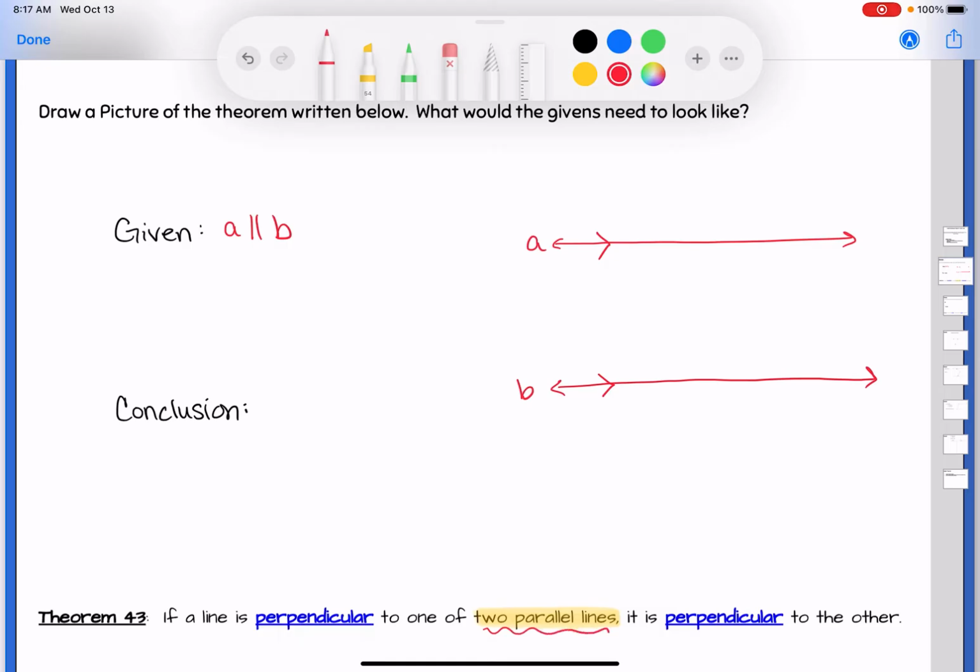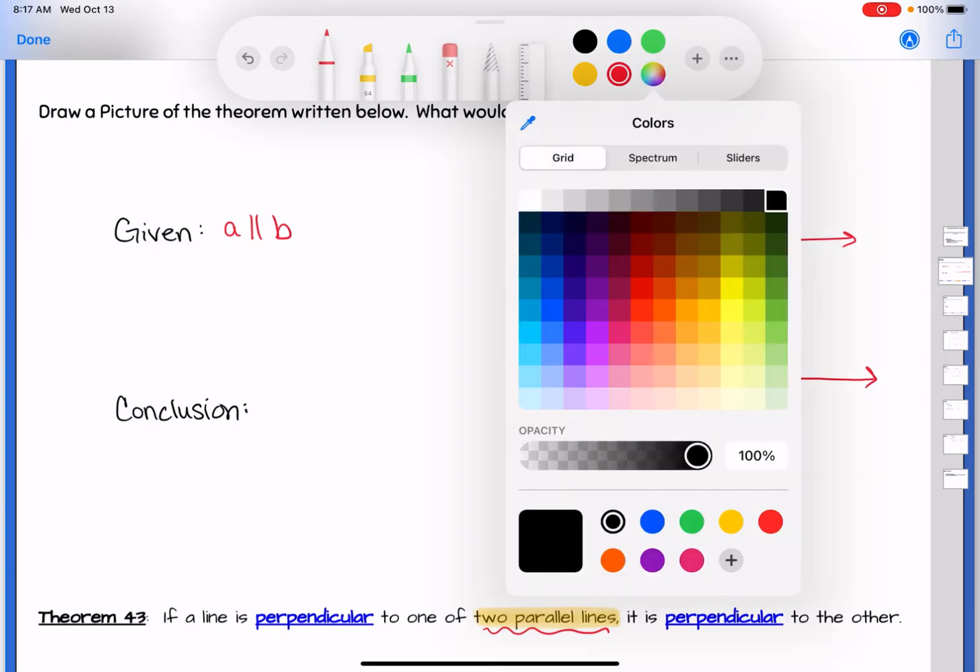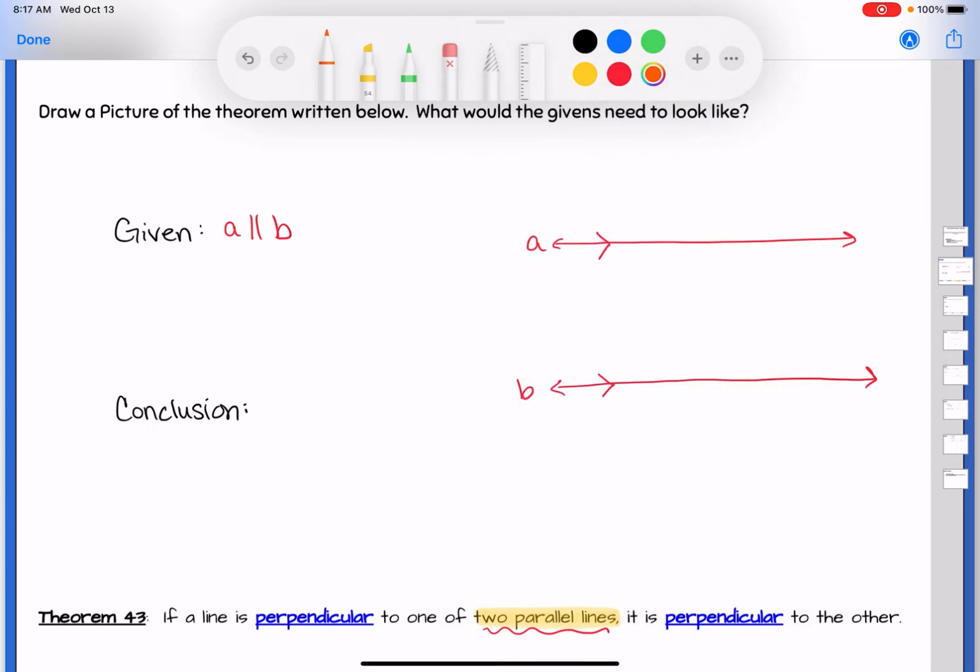Now it says if a line is perpendicular to one of these two parallel lines, so I need a third line coming through, and it's going to be perpendicular to one of the lines I already have. So it has to look something like this. This is line C, and it's going to be perpendicular to that top line.